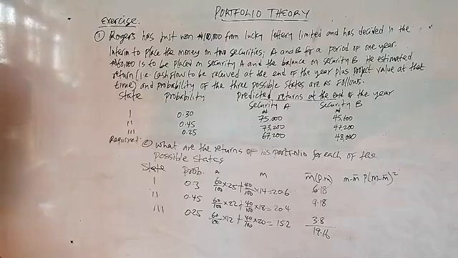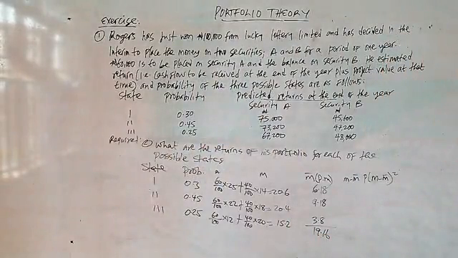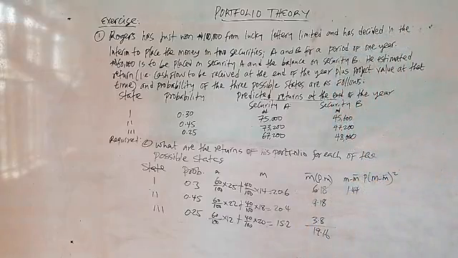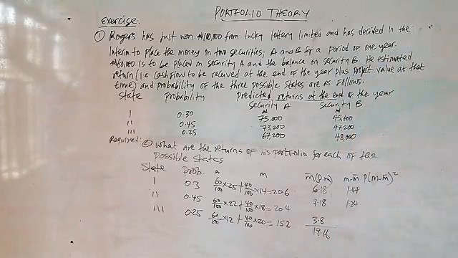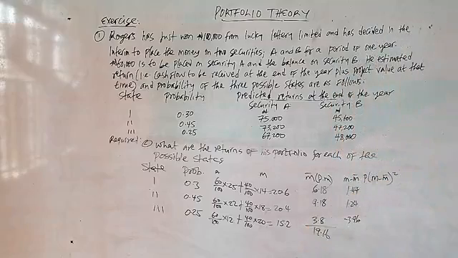So this is our return now minus the mean. 20.6 minus 19.16 is 1.44. 20.4 minus 19.16 is 1.24. 15.2 minus 19.16 is minus 3.96.